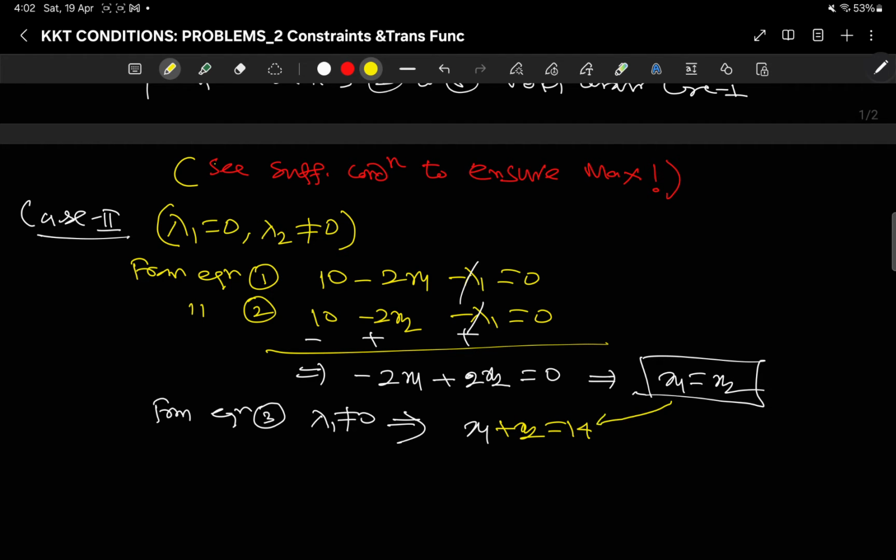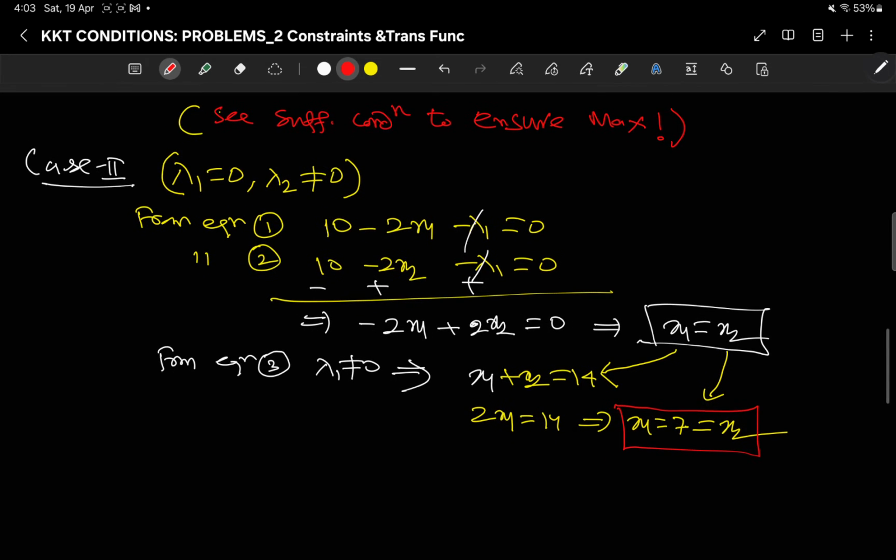If you substitute here, 2x1 is equal to 14, which implies x1 is equal to 7. So x1 is equal to x2 is equal to 7, right?